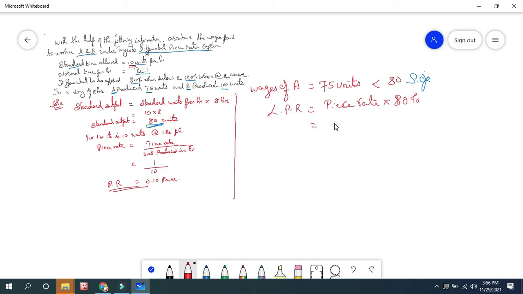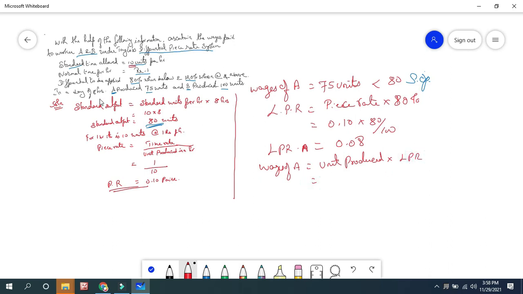We know the piece rate is 10 paise, so 0.10 into 80 by 100, we get 0.08 as the low piece rate for A. So wages of A is equal to units produced into the low piece rate.